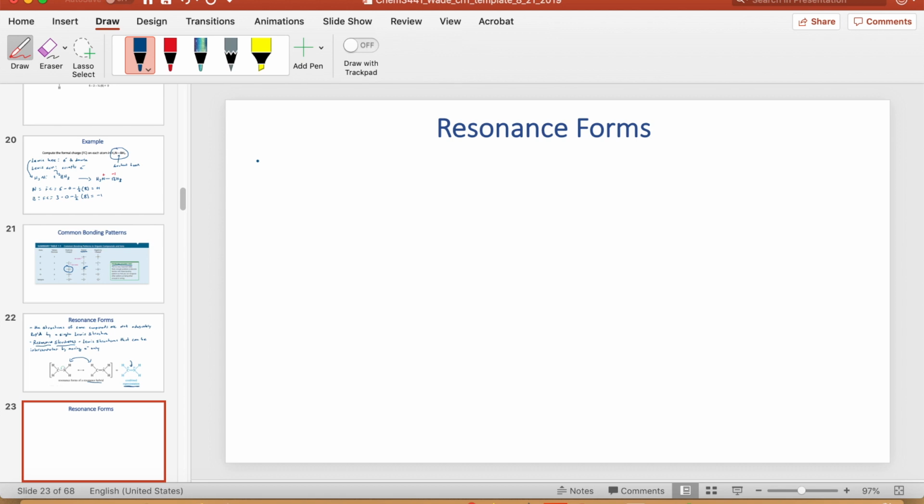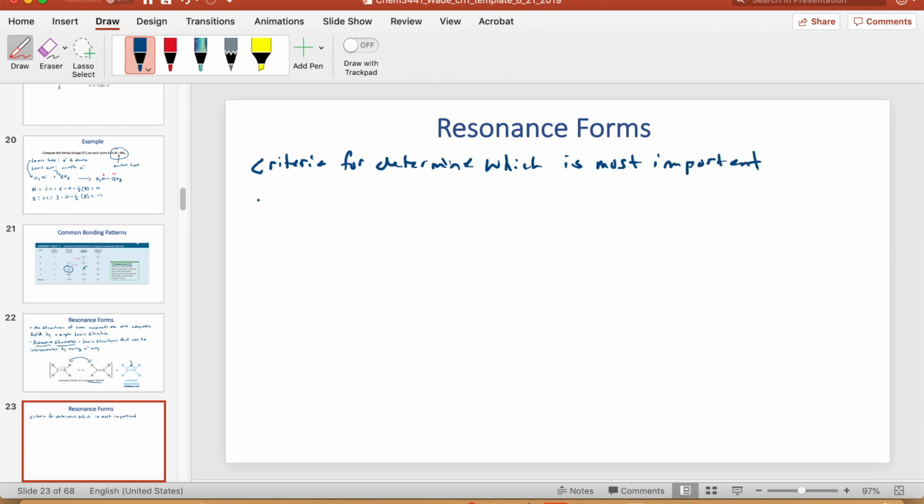These are important criteria for determining which resonance structure is most important.